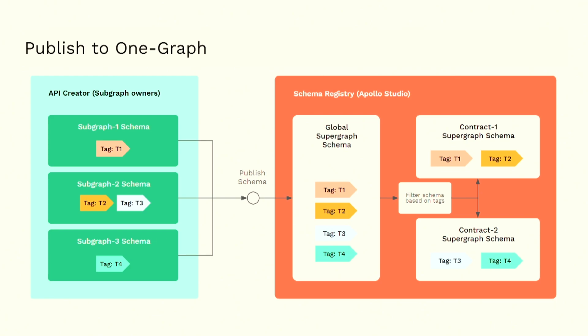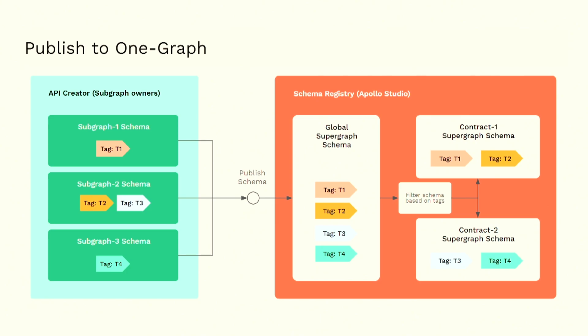This approach gives us two advantages. One is, today, if subgraph 1 is in the contract 1 supergraph, tomorrow if you want to move it and make it available here, all we have to do is change in this area. So the publishing doesn't change.